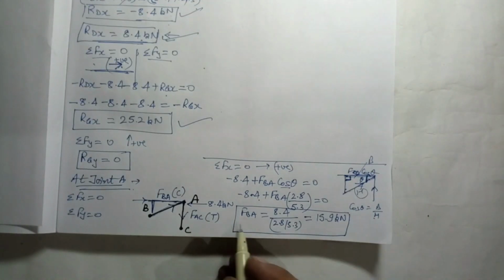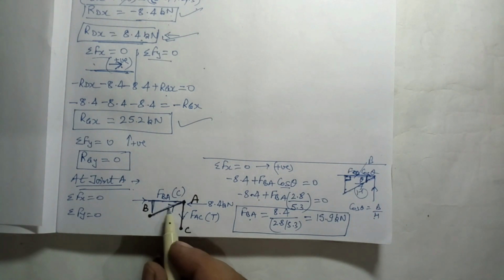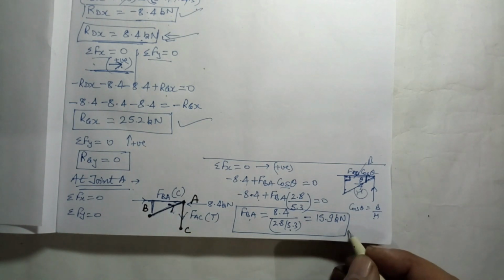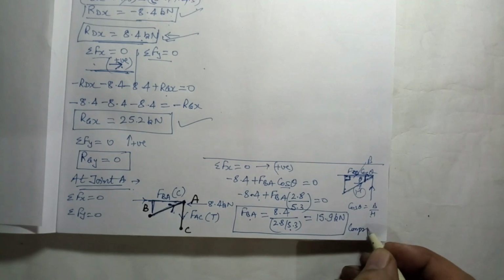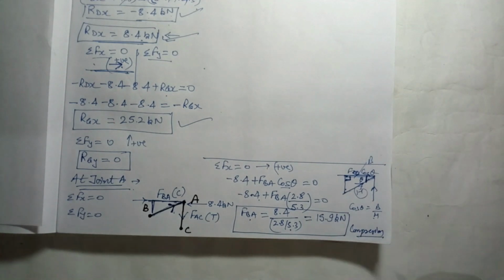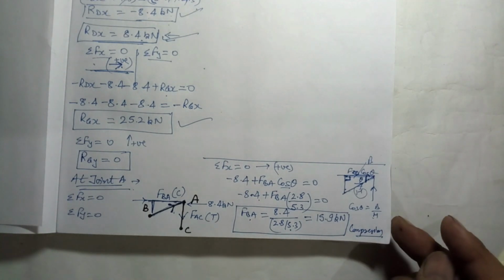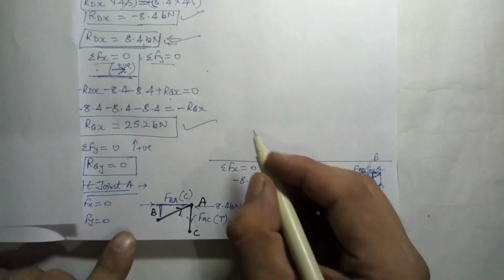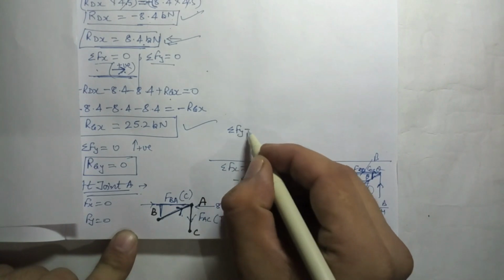So our assumed direction of FBA, this side, is correct because the value is positive. So this is the value of FBA and it is compression as per the assumed direction. Now we will go for the next, Fy equal to 0. I'll do that here only so that you can understand.